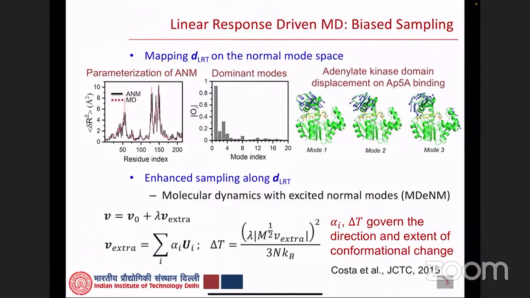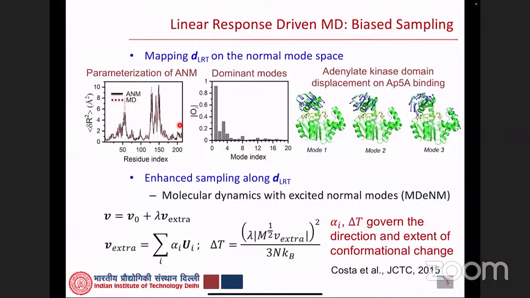Typically one uses the fluctuations of protein atoms to get the parameters of the ANM. On the top left picture, I'm showing that we use the fluctuations of protein atoms, and the anisotropic network model we develop is able to reproduce those fluctuations. So that is very nice.